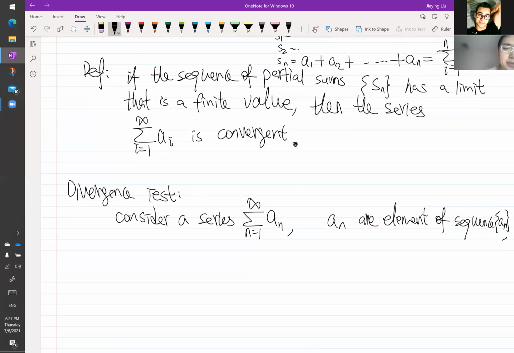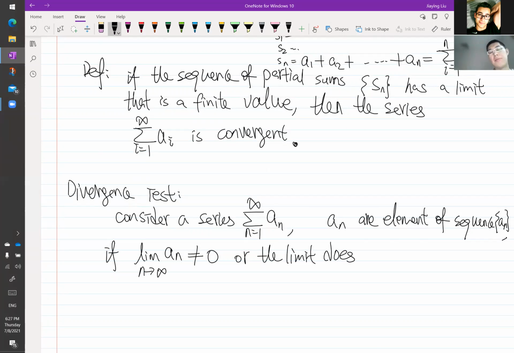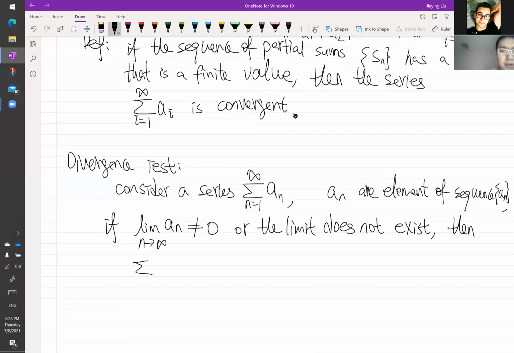The divergence test says if the limit of an, the elements in the sequence as n goes to infinity, is not equal to 0, or does not exist, meaning it's infinity or you just cannot find it, then the series with n equals 1 to infinity of an is divergent.